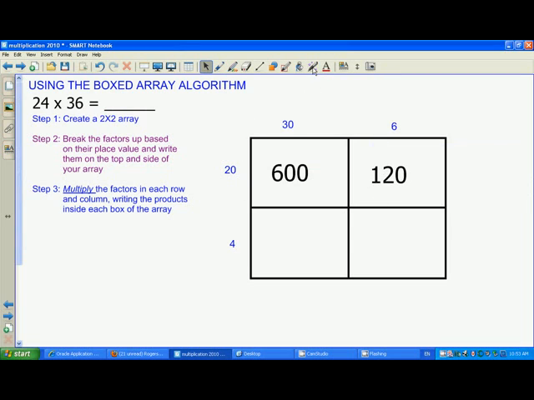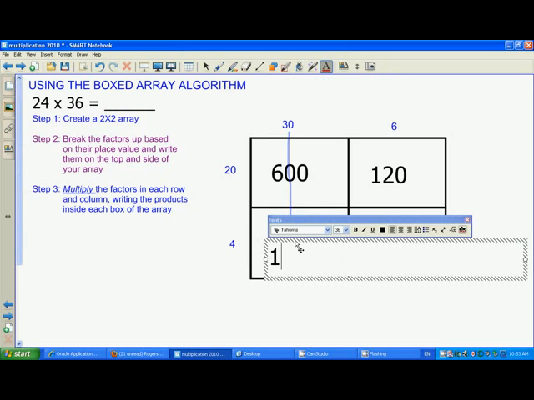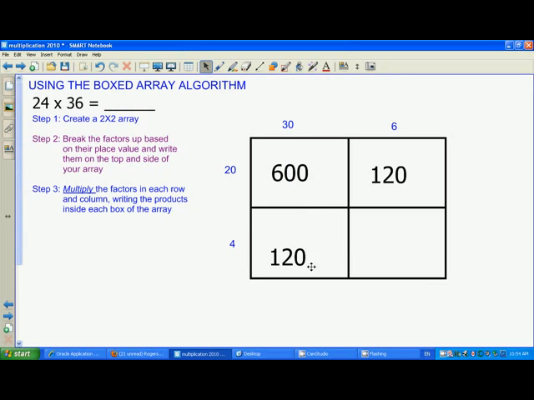And then I follow the same pattern. Down here, I'm going to take 4 and multiply that times 30 and put the product in this box. So I know 4 times 3 is 12, add a 0, 4 times 30 is 120. And then finally, in my next box, I'm going to take 4 and multiply that times the 6 in this column, and 4 times 6 is going to be 24.